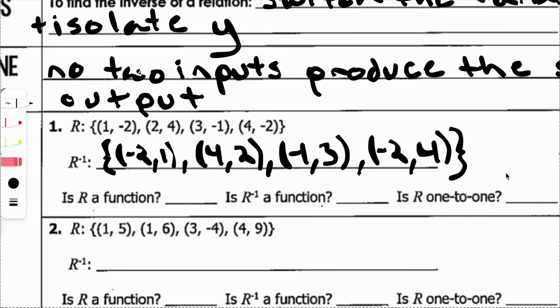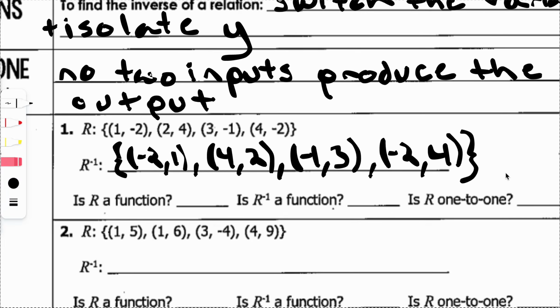Now, we're asked to see if R is a function. When we're asking if a relationship is a function, that means a single x value, or a single input, does not have two outputs.